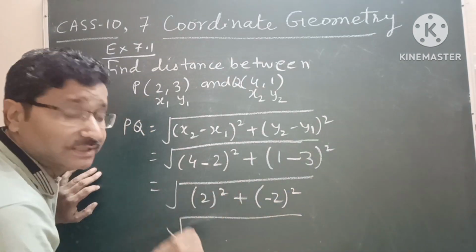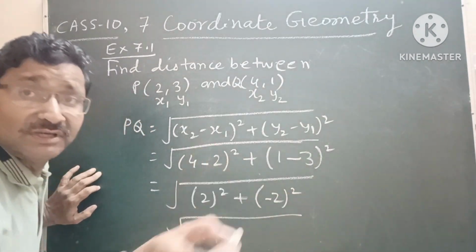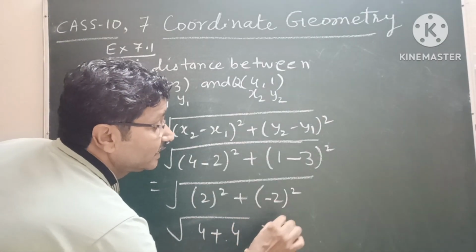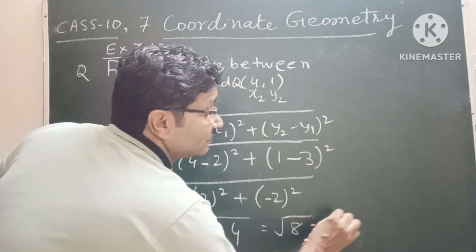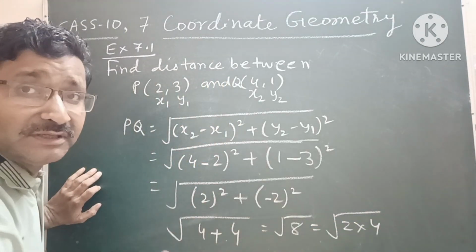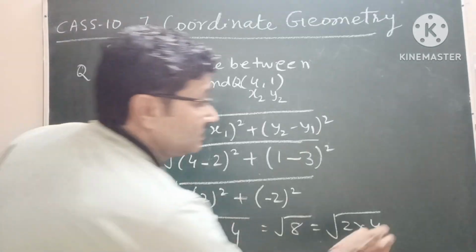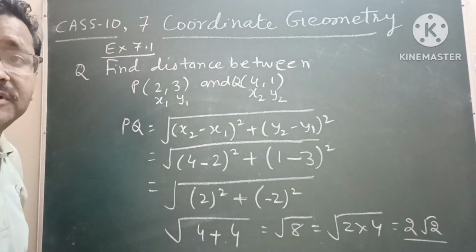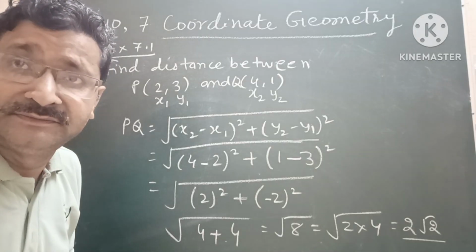Now 2 square is 4 and minus 2 square is also 4, and 4 plus 4 is 8, root 8. Root 8 we can write as root of 2 into 4, and 4 is a perfect square, so root 4 is 2, so we write 2 root 2. This 2 root 2 is the distance between points P and Q.